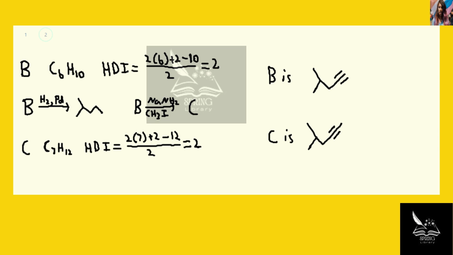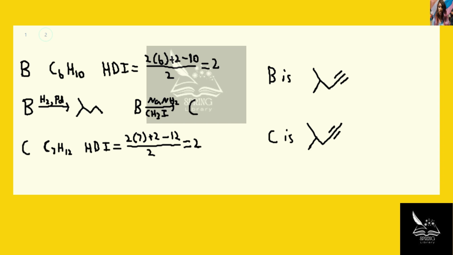When we calculate the hydrogen deficiency index for B with the formula that we were given, we find an unsaturation number of 2. And so we know that there are 2 double bonds or perhaps a triple bond in B.